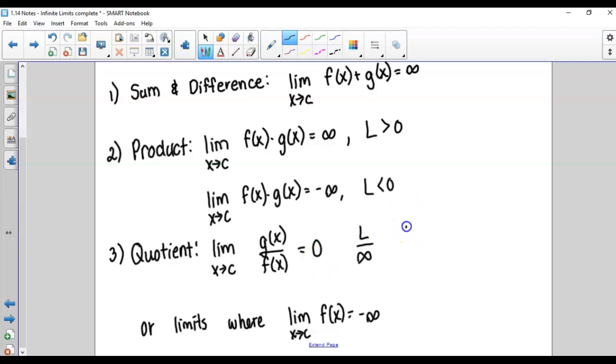Because if we have 5 over 10, that's 1/2. But if we have 5 over 100, now we're only down to 0.05. And if we have 5 over 10,000, essentially that's basically 0 now, right? And then if we have 5 over a gazillion, with a bunch of zeros, which is what's happening as we approach infinity, we basically have 0. So anytime you have a number divided by infinity, that's going to be 0.